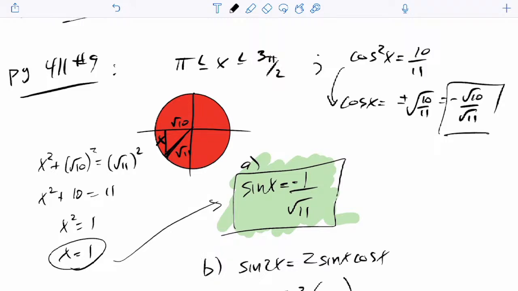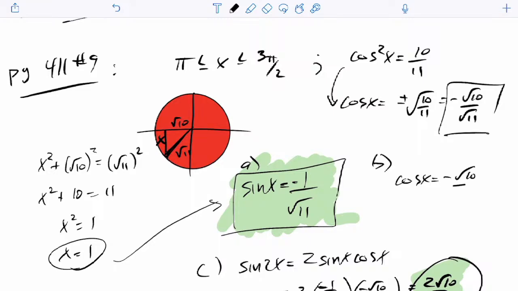Your sine of x is negative 1 over the root of 11, and your cos of x is given to us as negative root 10 over the root of 11. So I end up getting 2 root 10 over 11 for the sine of 2x. Oh, that was C. Sorry, for B we already know it. There's B.